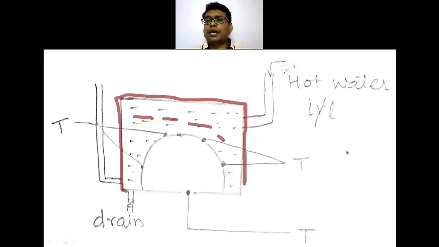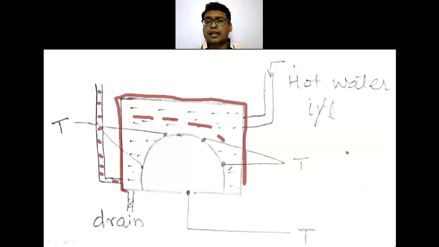I am putting the 80 to 90 degrees Celsius water inside this, and the level is indicated by this single leg manometer, so you can note down whether it is completely filled or not.